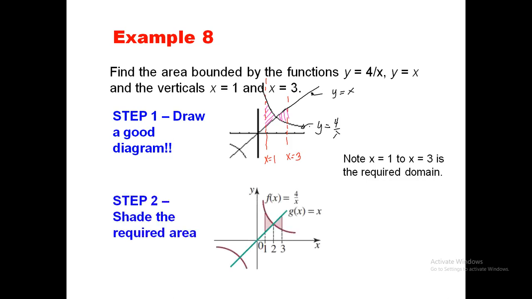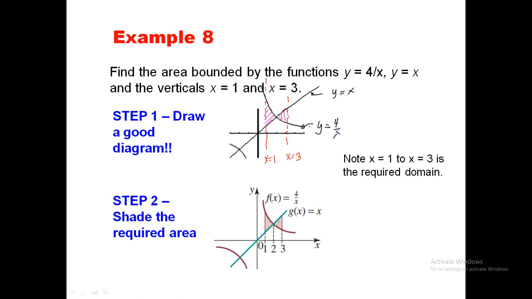Shade the area. See, this is the area. Okay, so what is this point here of intersection between your line, y equal to x, and your curve, y equal to 4 over x? This is 4 over x.